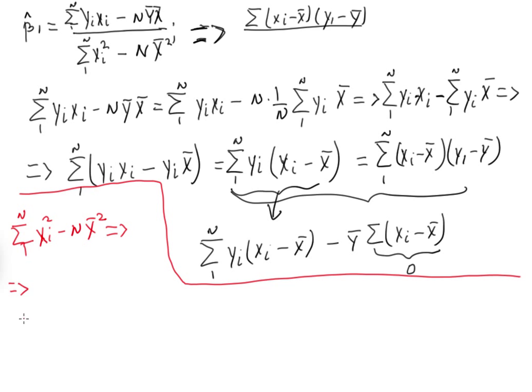Let's expand this here. This is the square of the mean, and for the mean we'll put the proper formula, 1 over n times the sum from 1 to n of xi. So that's what it is equal to.